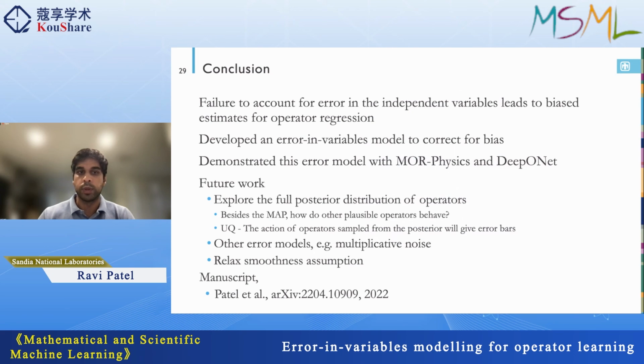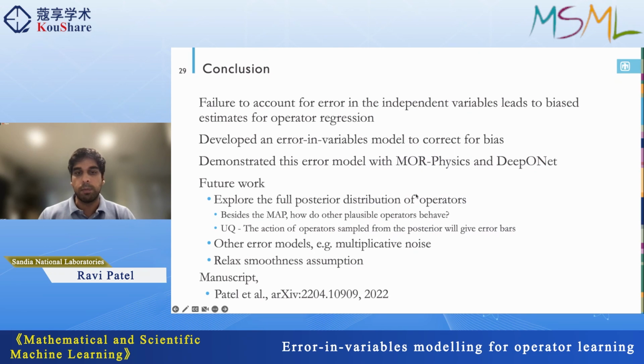So it makes sense to look at how those behave. This effectively gives you a type of uncertainty quantification. The range of actions of operators sampled from this posterior will give error bars.